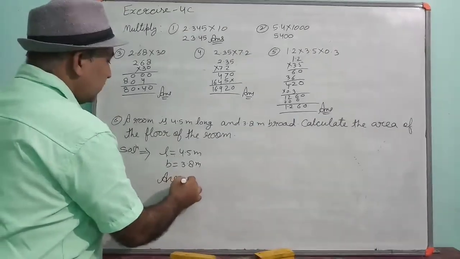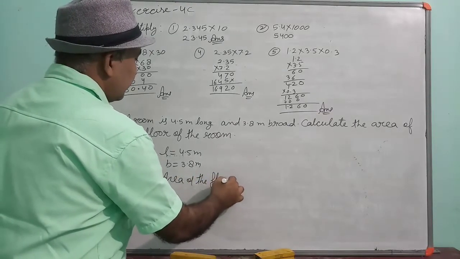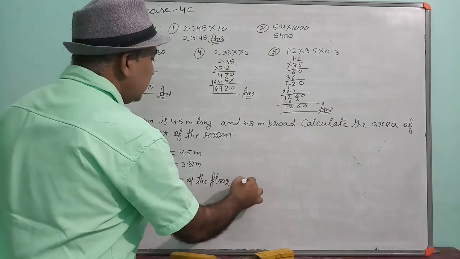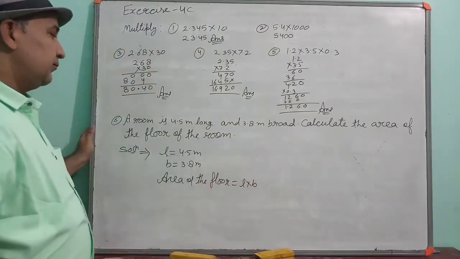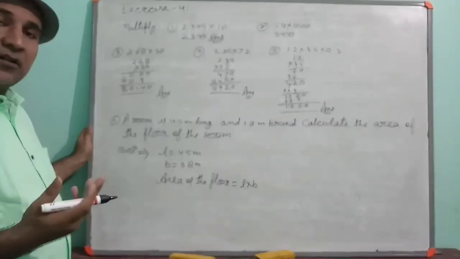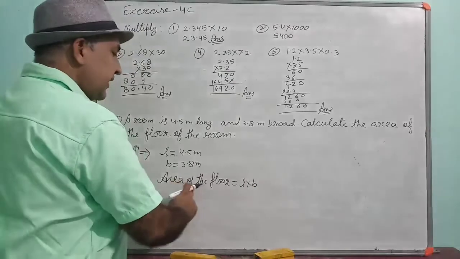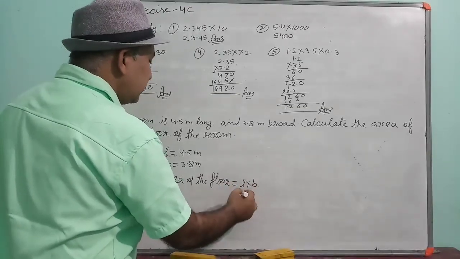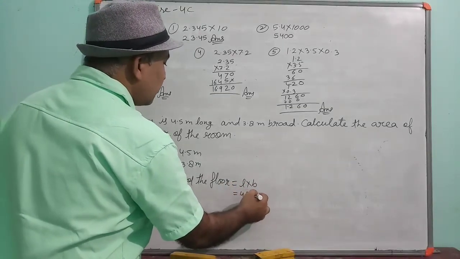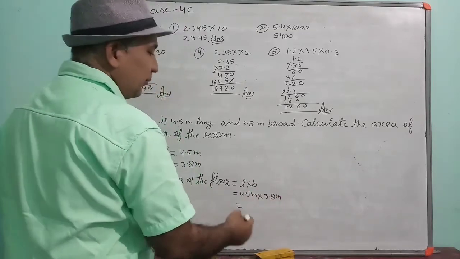We know that the area of the floor will be length into breadth, because our room is in the shape of a rectangle. So the area of a rectangle is length into breadth. So here the area of the floor will be 4.5 meter into 3.8 meter. Now multiply it.